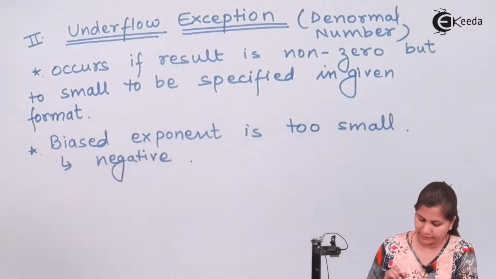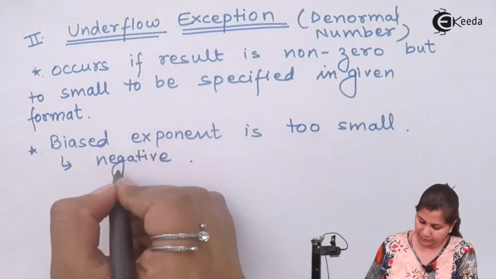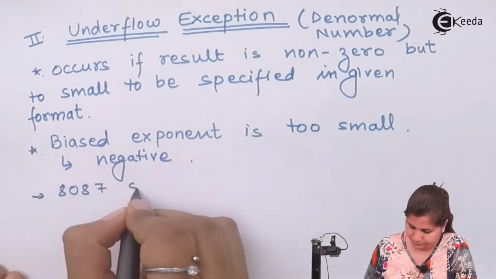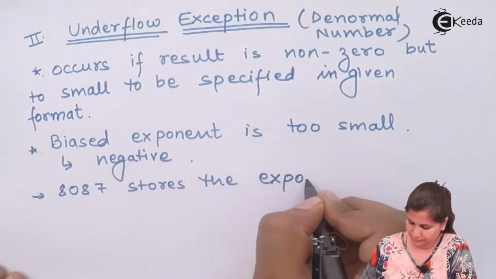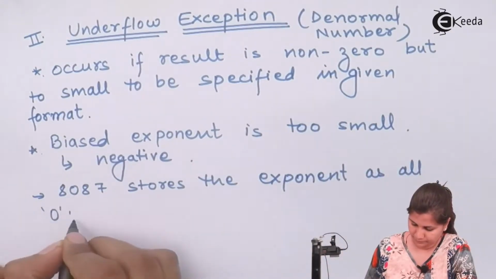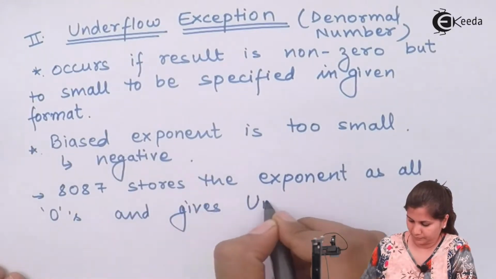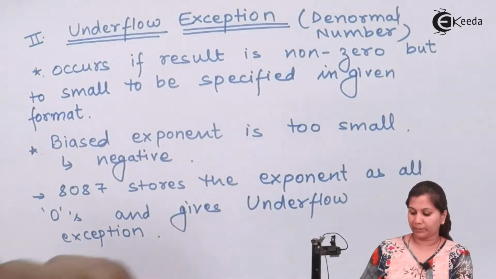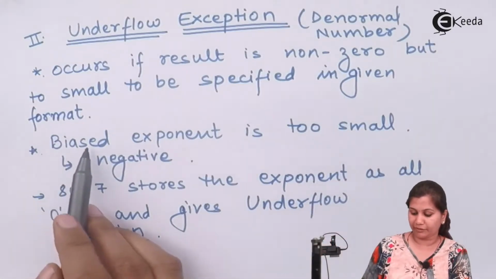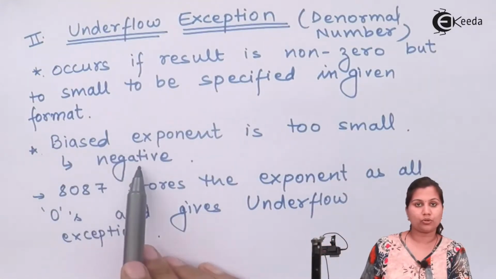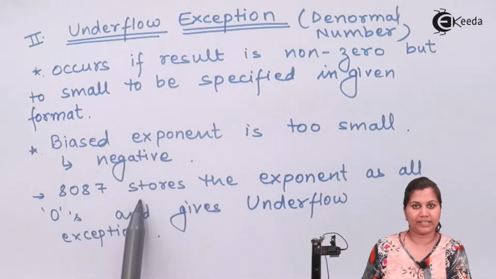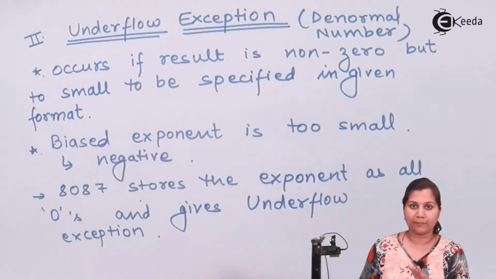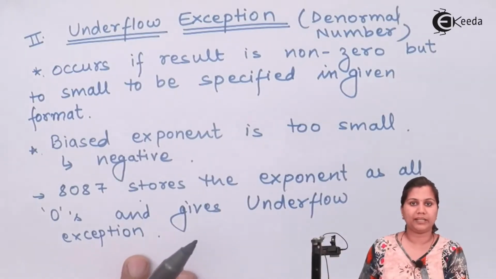Now instead of storing a negative exponent, what the 8087 does is it stores the exponent as all zeros, meaning the exponent has become zero, and the underflow exception is being generated.